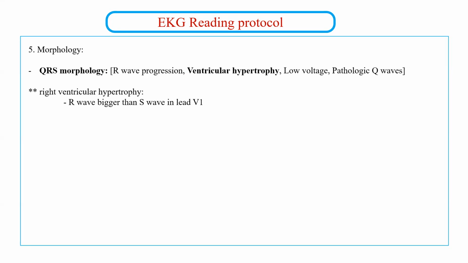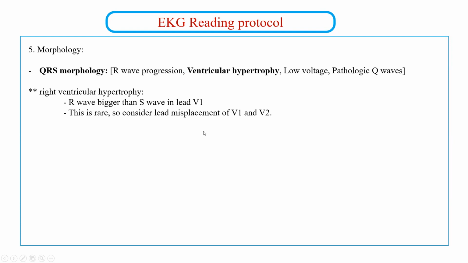If you look at V1 and find an R wave that is longer than the S wave, this is the only criterion for right ventricular hypertrophy. But keep in mind, this is actually very rare.